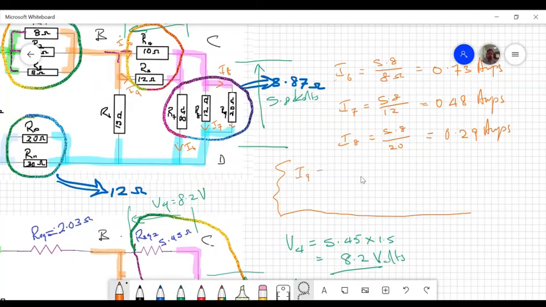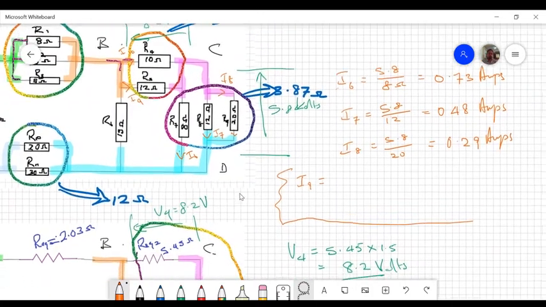I9 is equals to 8.2 divided by 12, and I10 is equals to 8.2 divided by 10. Okay, that's 0.82. I know that immediately. But this one I'll have to calculate. 8.2 divided by 12. 0.68.